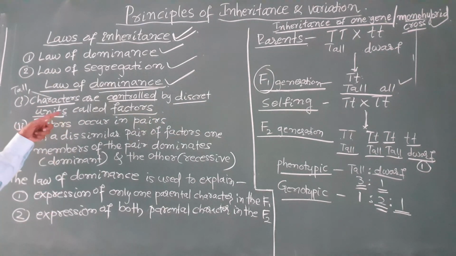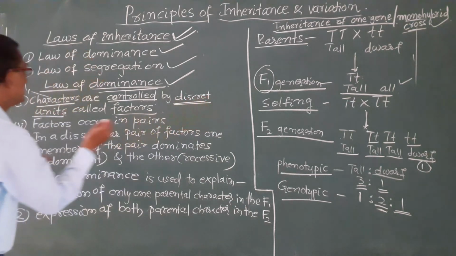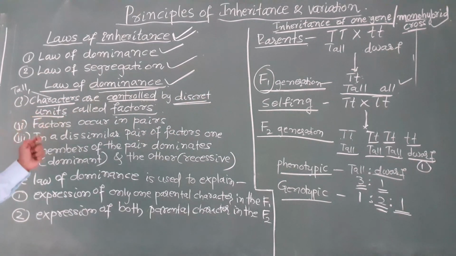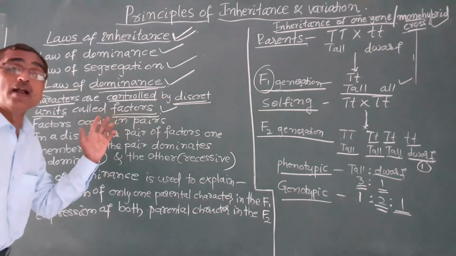In the case of this law of dominance, characters like tall, dwarf, color, etc., are controlled by certain discrete units, and those units are called factors by Mendel.